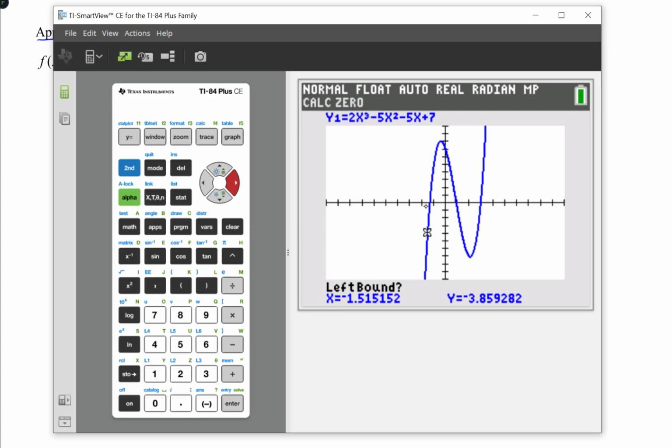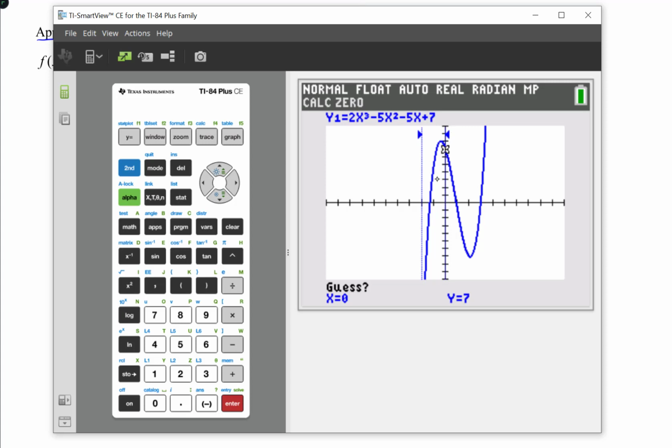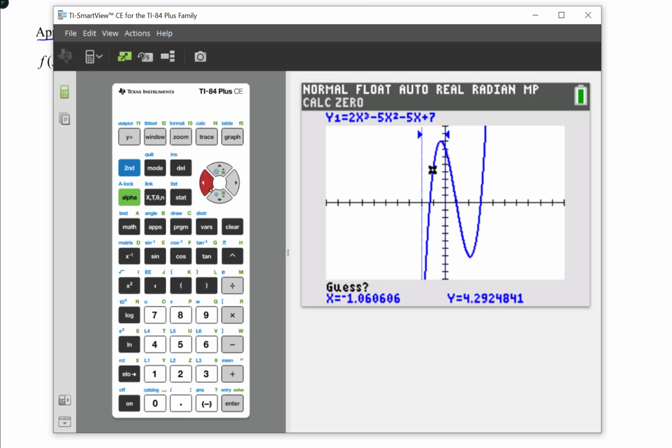It looks like it's at about -1 point something. So let's say the left bound is -2 and the right bound is 0. So it's somewhere in between those values. The initial guess just starts the calculation.